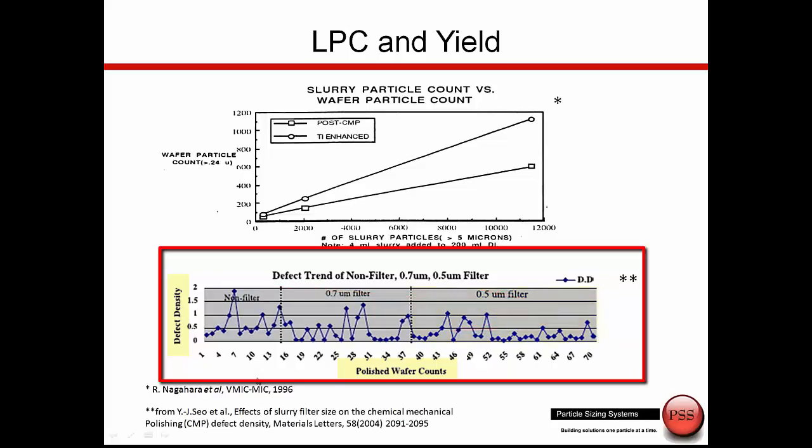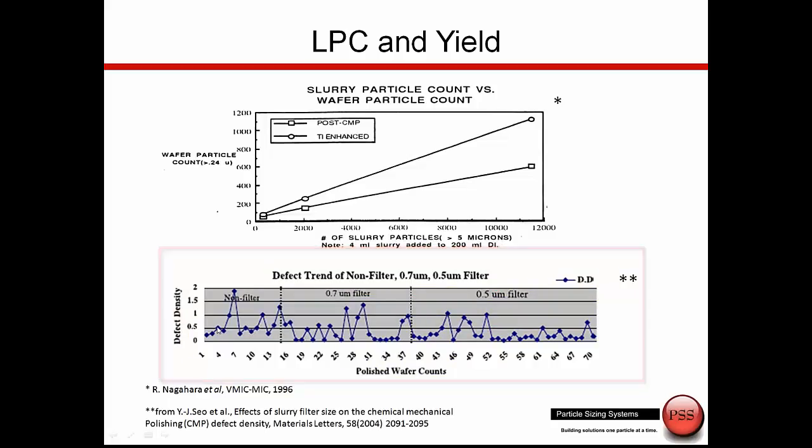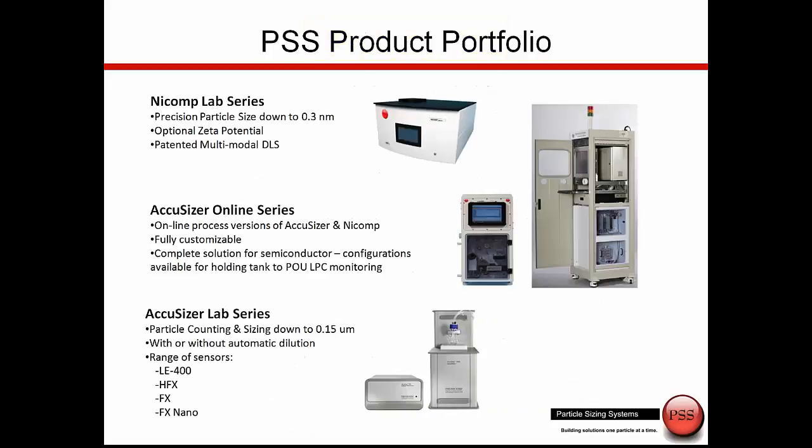As we're doing finer filtration, we should be reducing the large particle count, so it is essentially the same relationship of large particle count to reduction in defect density. We show these slides to show this relationship between large particle count and defect density, or scratches on the surface, because this is why it makes sense to invest in particle monitoring to improve the yield of the manufacturing process.